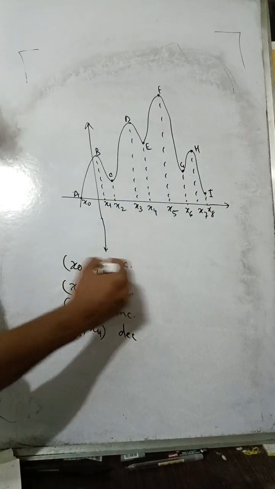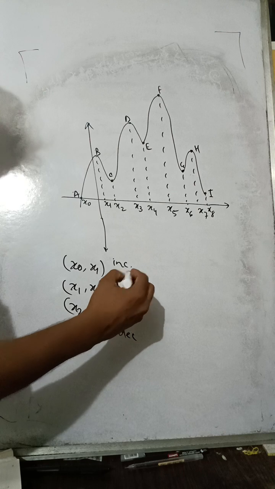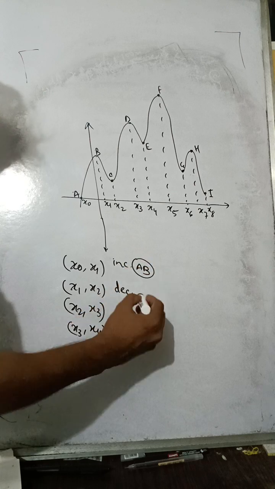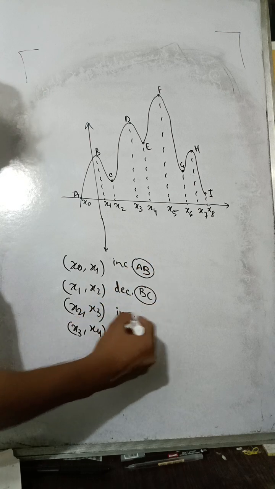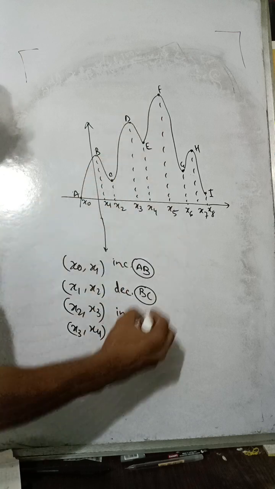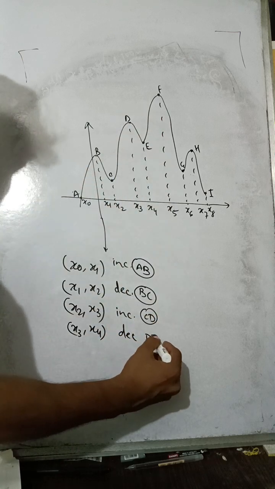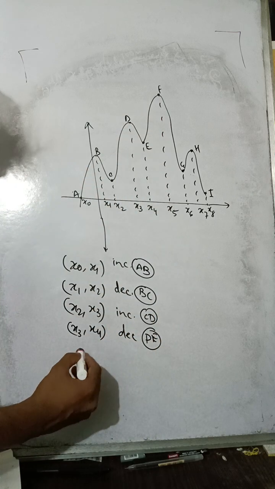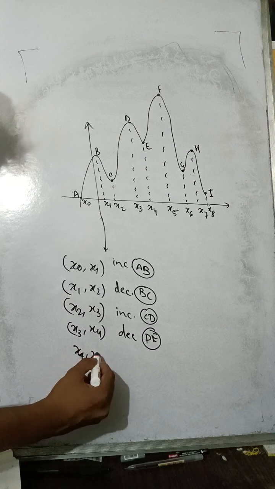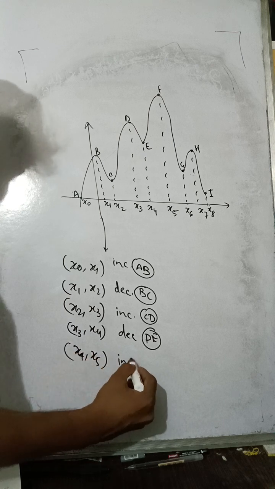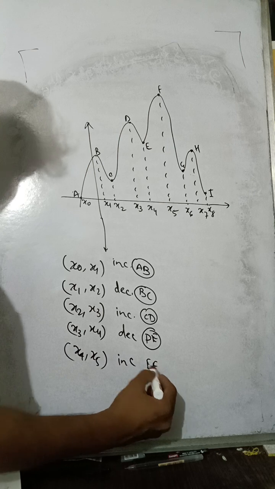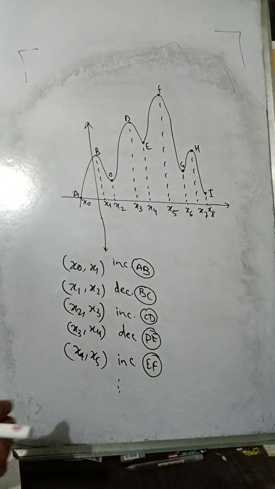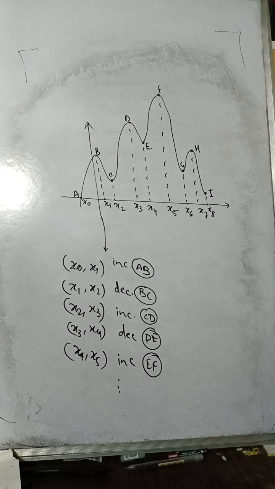Okay, so this is x0 to x1, this is part AB, this is part BC, this x2 to x3, this is part CD, and so on. Okay, I hope you understand. This is DE, and x4 to x5, this is again increasing, this is EF, and so on.